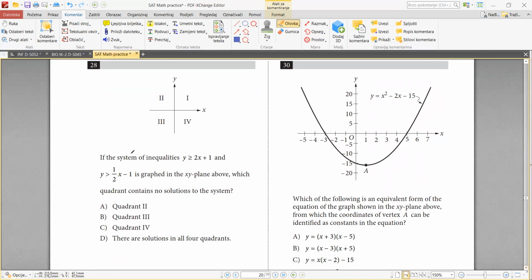Question 28. If the system of inequalities y is greater or equal than 2x plus 1 and y is greater than 1/2 of x minus 1 is graphed in the xy plane, which quadrant contains no solutions to the system?